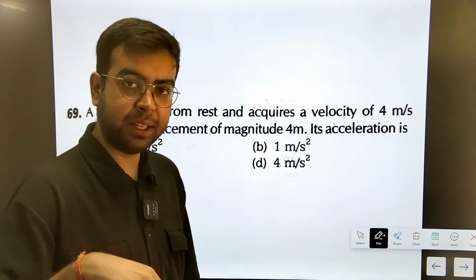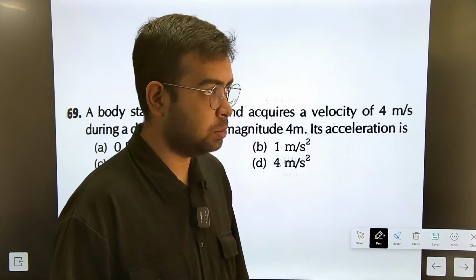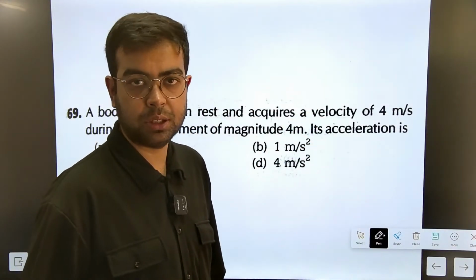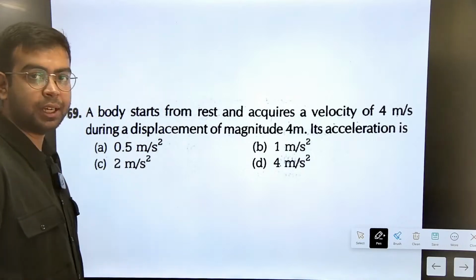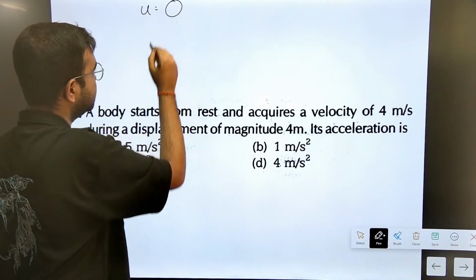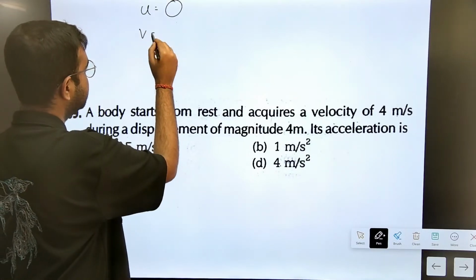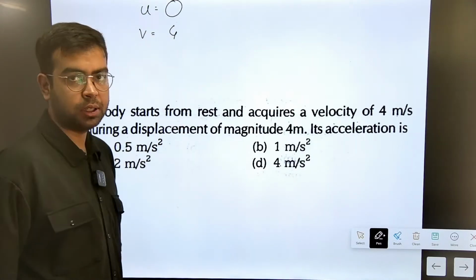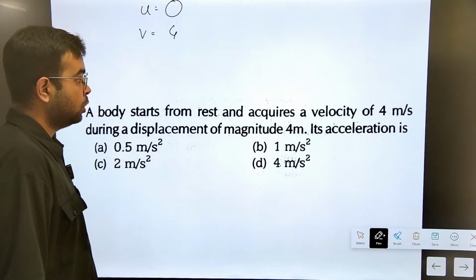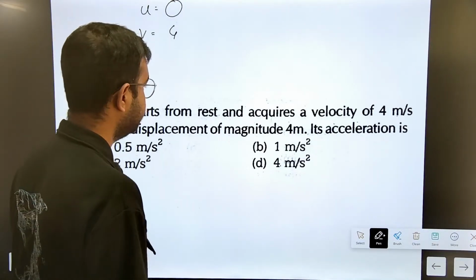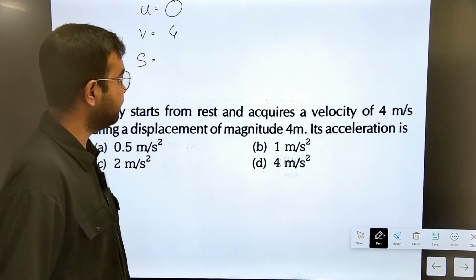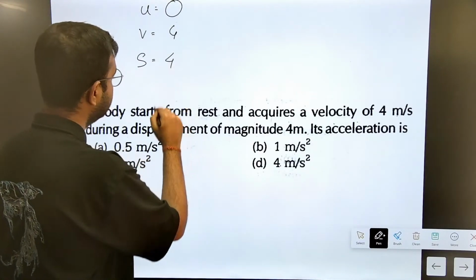We have a velocity in the beginning when we are taking the reading of the situation, and we have a velocity at the end when we are concluding the whole situation. ठीक है, so what we can say, the initial velocity u is 0, final velocity v is 4. ठीक है, and we have the distance s, which is 4.